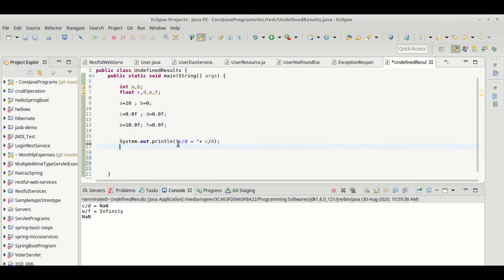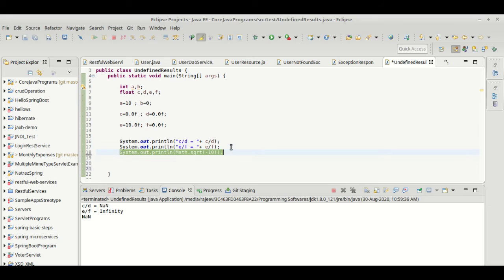Firstly, dividing c by d means 0.0 divided by 0.0. The output will be NaN, not a number. Now we divide e by f, 10.0 divided by 0.0, and it will come as infinity.